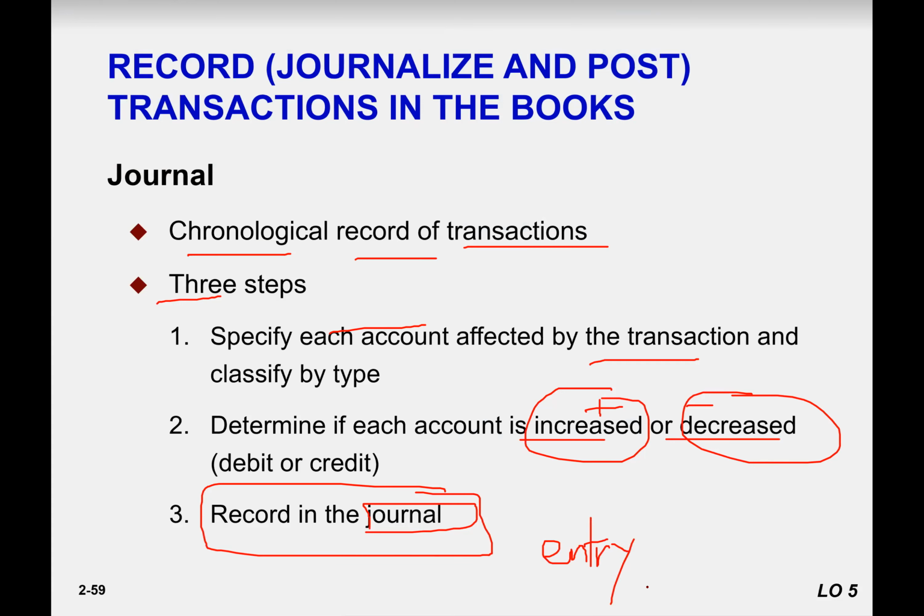So whenever a transaction happens, we analyze it through these steps and we make a journal entry. Journal is spelled J-O-U-R, not general, G-E-N-E-R-A-L. This is the journal.